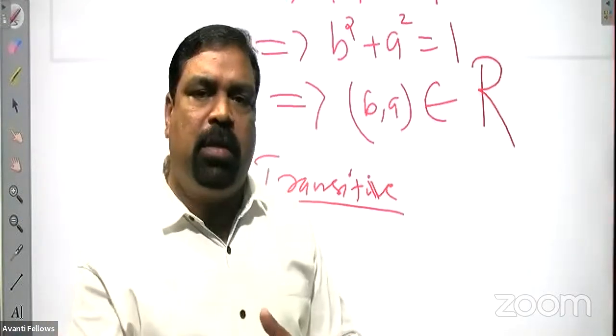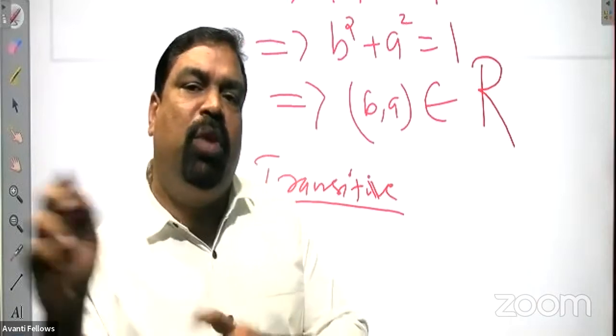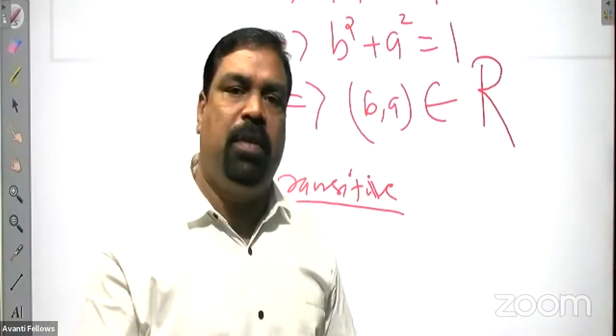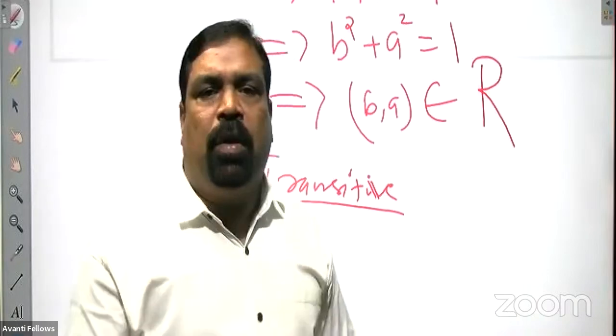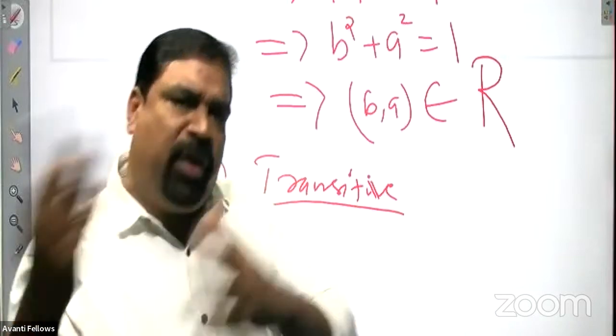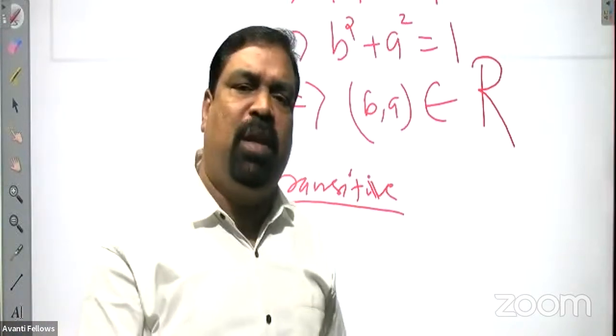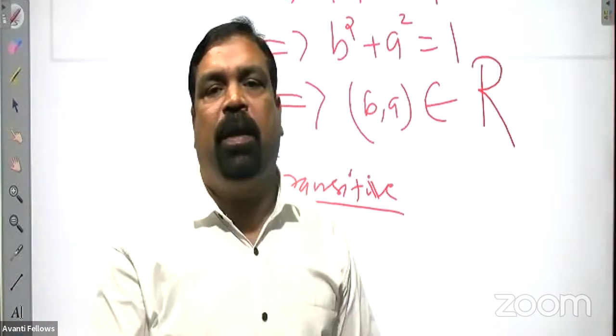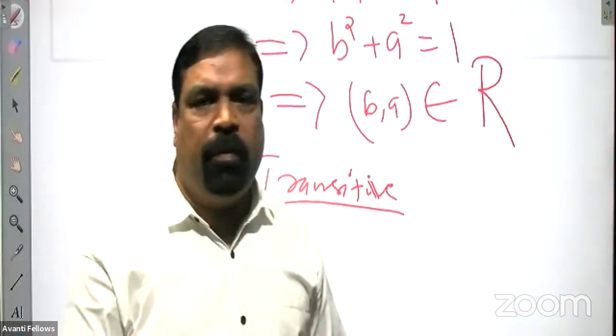Then is it true that A square plus C square equal 1? Always? If A square plus B square equal 1 and B square plus C square equal 1, and if it is true that A square plus C square equal 1, then only it will be transitive. So what is your opinion?